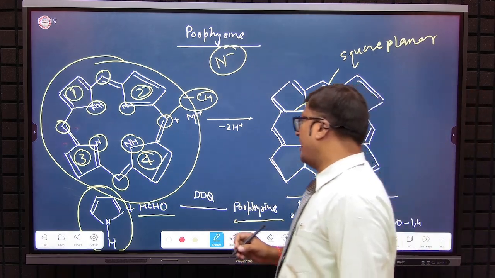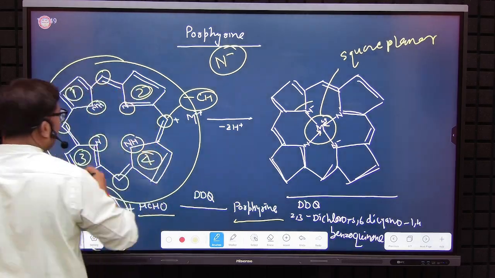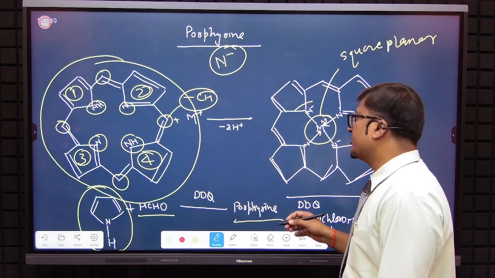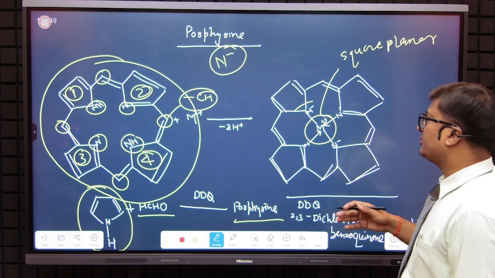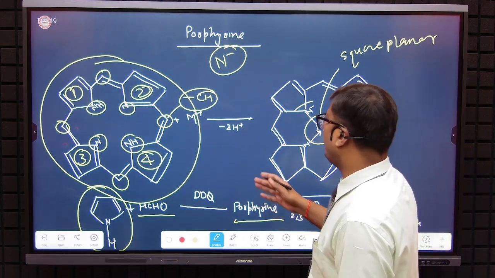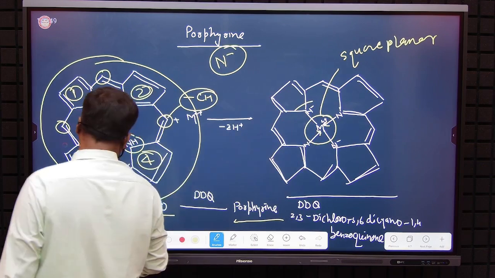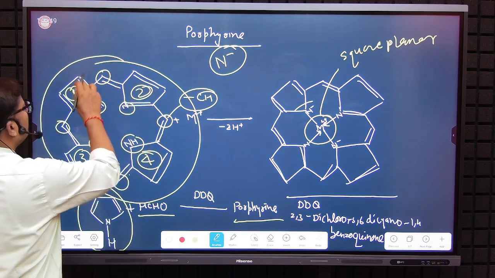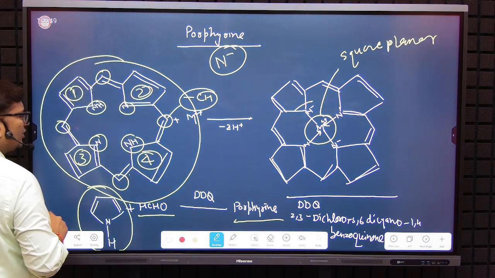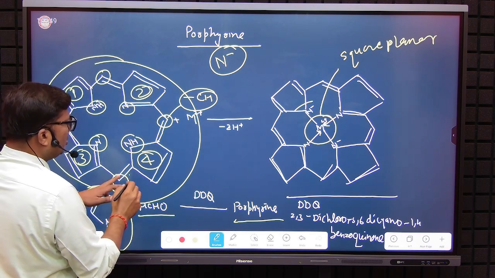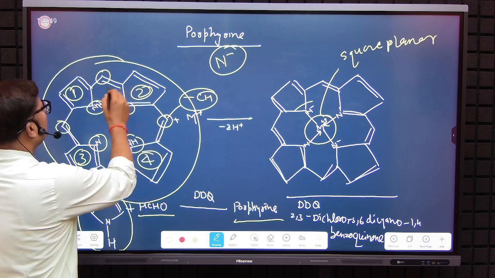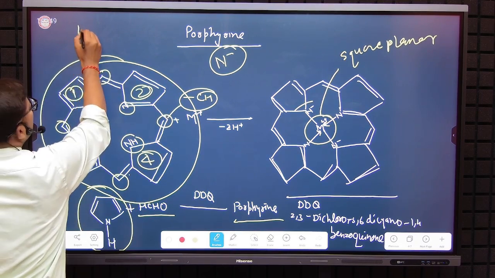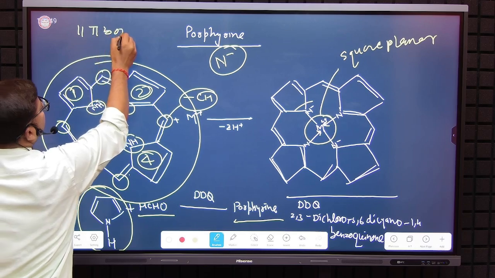And one thing is that such structures are highly conjugated, right? Conjugated means the structure contains alternating single and double bonds. So in this particular structure, how many double bonds? This is 1, 2, 3, 4, 5, 6, 7, 8, 9, 10, right? This is 1, 2, 3, 4, 5, 6, 7, 8, 9, 10, 11. So this structure contains 11 pi bonds.